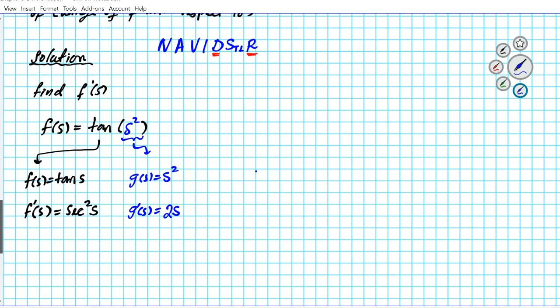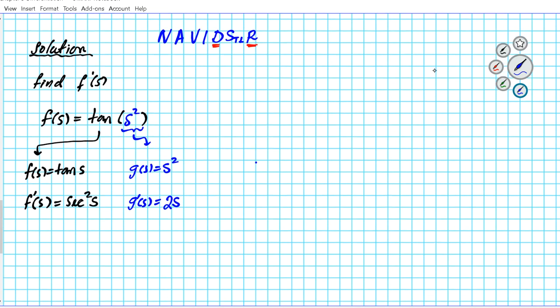Okay, so now let's go ahead and recompose the function using the chain rule. So f prime of s, the rate of change of f with respect to s, is going to be secant. So you're going to find the derivative of the outer evaluated at the inner. So plug the inner into the derivative of the outer times the derivative of the inner.